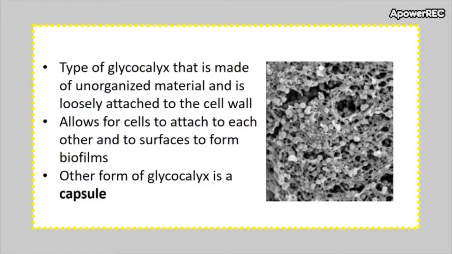It is made of unorganized material that is loosely attached to the cell wall. If it is well organized and attached firmly to the cell wall, we refer to it as a capsule. And the slime layer allows cells to attach to each other and to surfaces and to form biofilms.